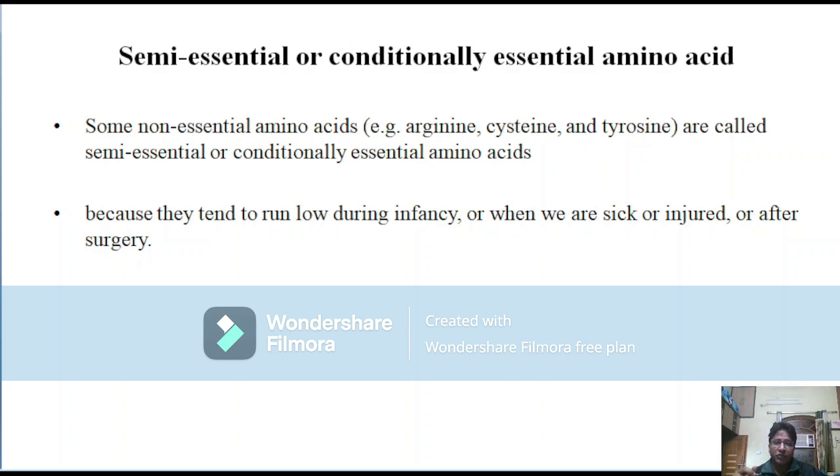Based on nutrition, they are classified as essential, non-essential, and semi-essential amino acids. So this is about the classification of amino acids. Next class we will discuss peptide bond formation and the different structural levels of proteins.